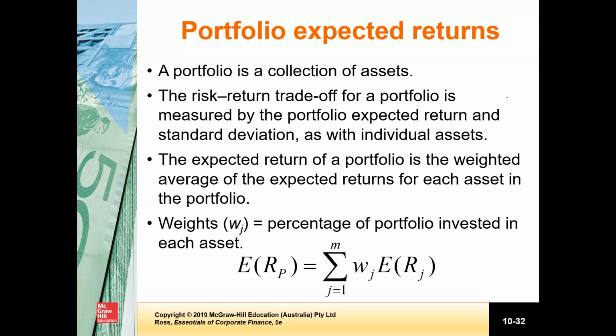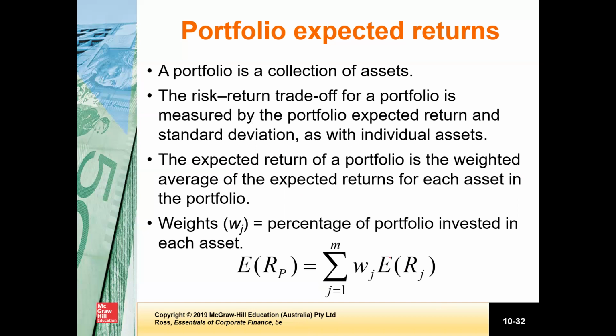Now, how do we calculate portfolio expected returns? Let's go back to our previous example where we had different situations and weights for each of the situations. We multiplied and summed them up to get the expected return. But to calculate the expected return of a portfolio, the expected return of the portfolio is essentially the weighted average of the expected returns of each asset.